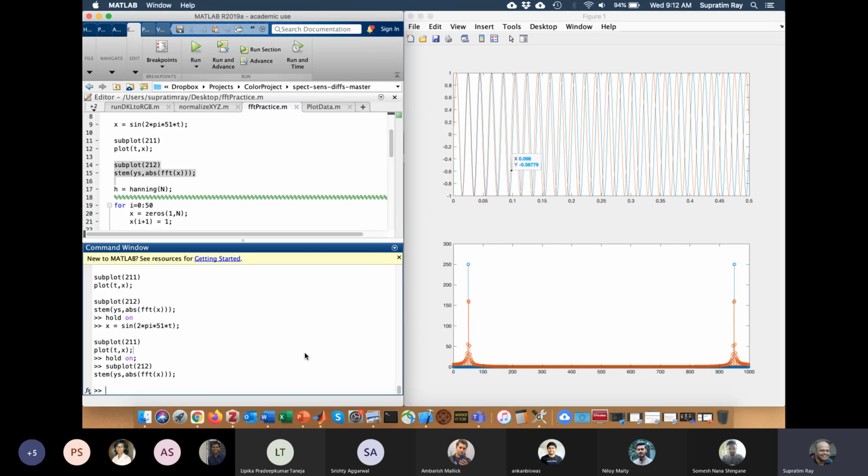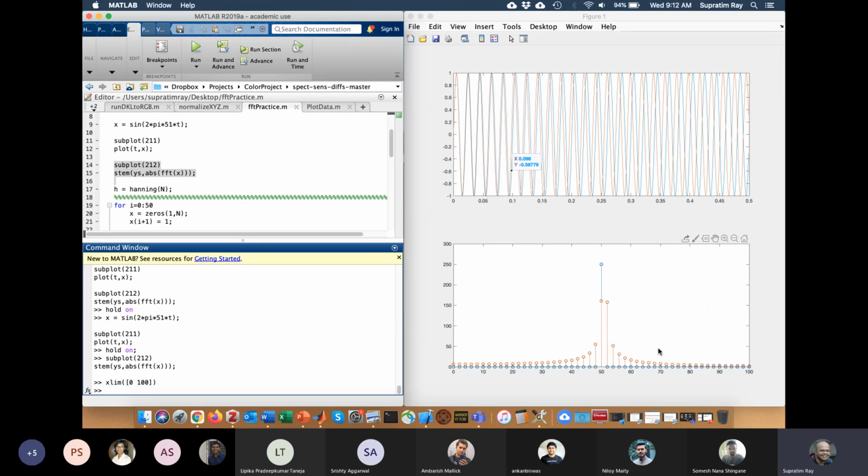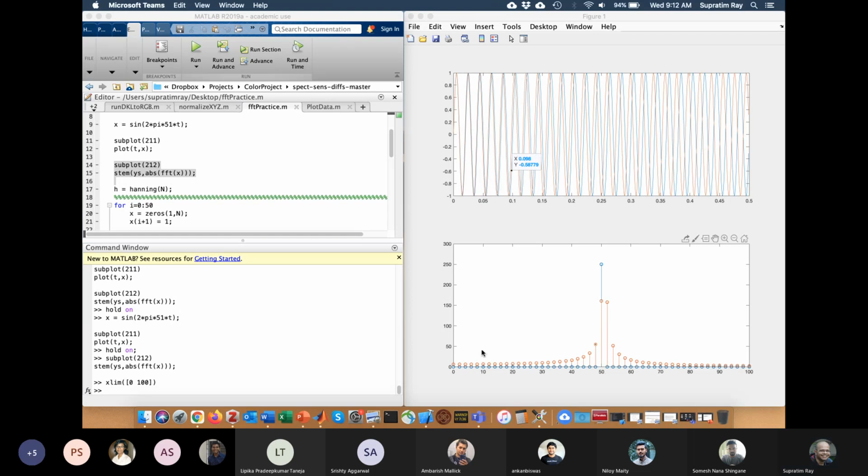And let me just zoom in here between 0 and 100 so that you can appreciate the difference. This blue is a nice sharp peak and 0 everywhere else for 51 hertz, which is actually between 50 and 52. But I don't have that frequency here. My resolution is only 2 hertz.